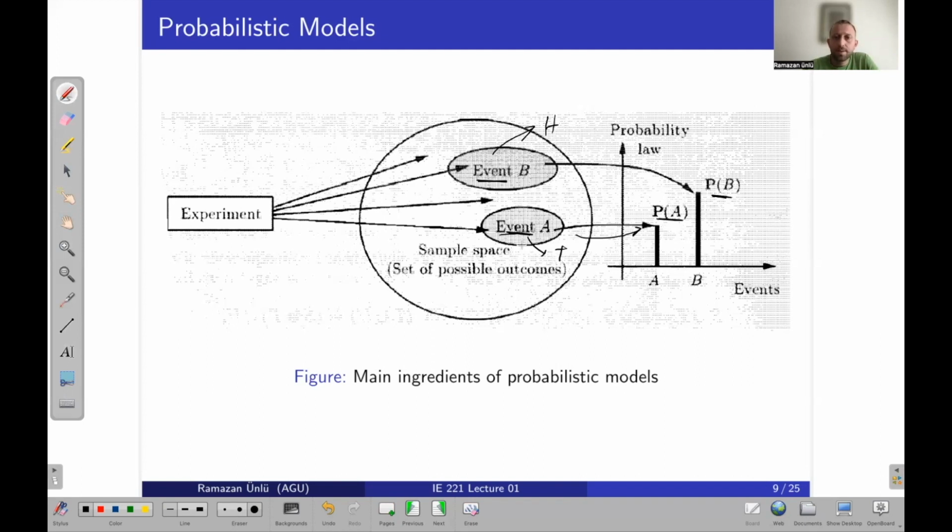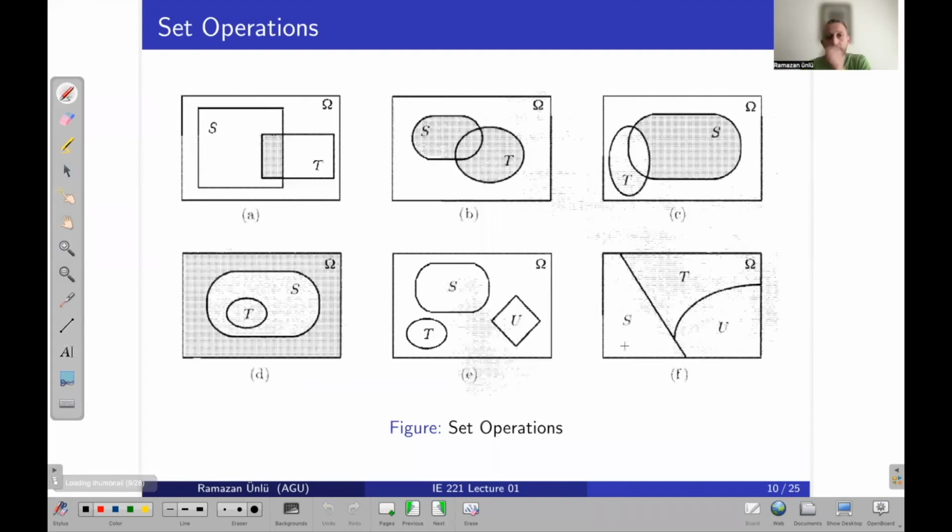Actually, these events are sets, so we have to deal with sets, and we have to know some operations of sets. These are simple things, but let me go over them just to improve your understanding. Let's say this is omega, the sample space, and these are the events.